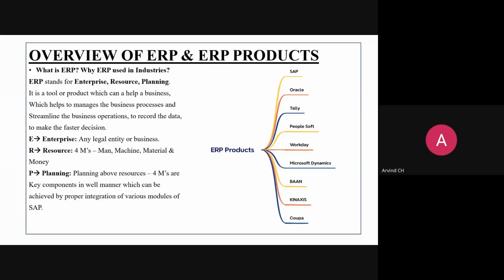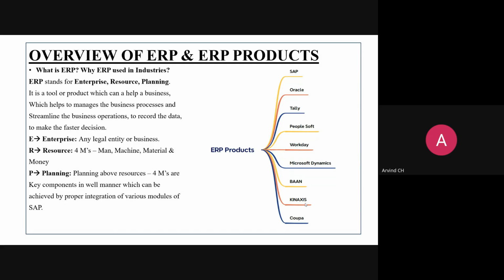No problem. ERP is one type of software, or a product, or a tool which is used in any kind of business or enterprise. Why do companies use that ERP tool?